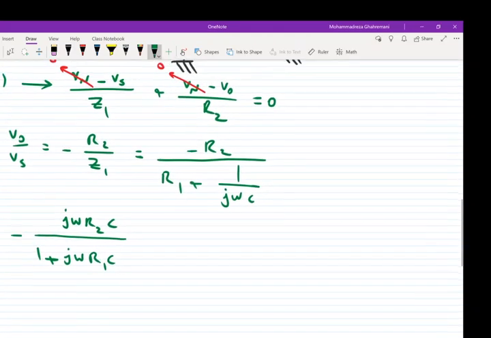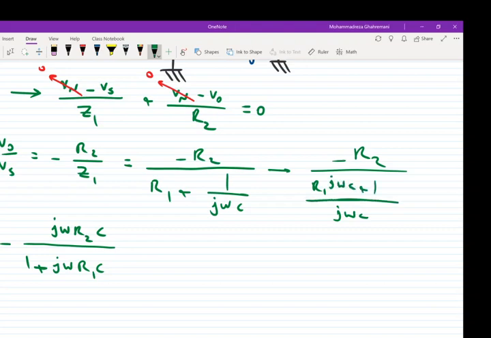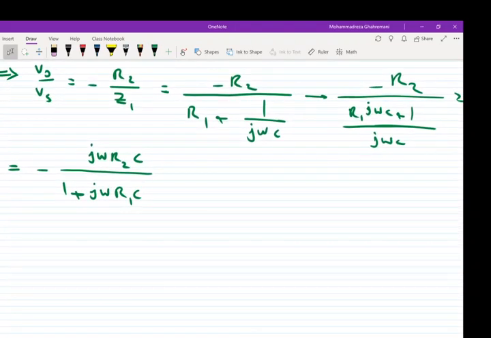How do I know this? It's very simple. We said that it's equal to negative R2 and j omega C over R1 j omega C plus 1. And so this one is equal to negative j omega R2C over 1 plus j omega R1C.